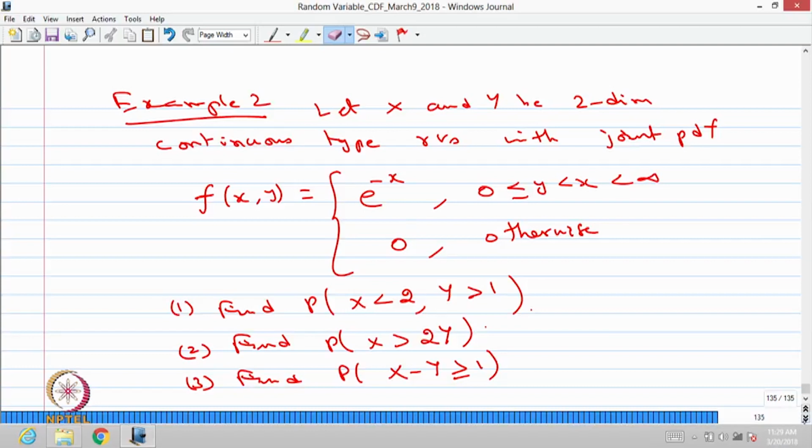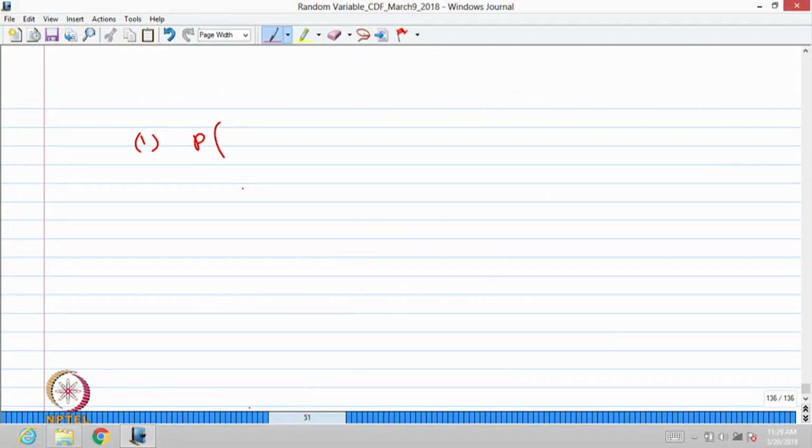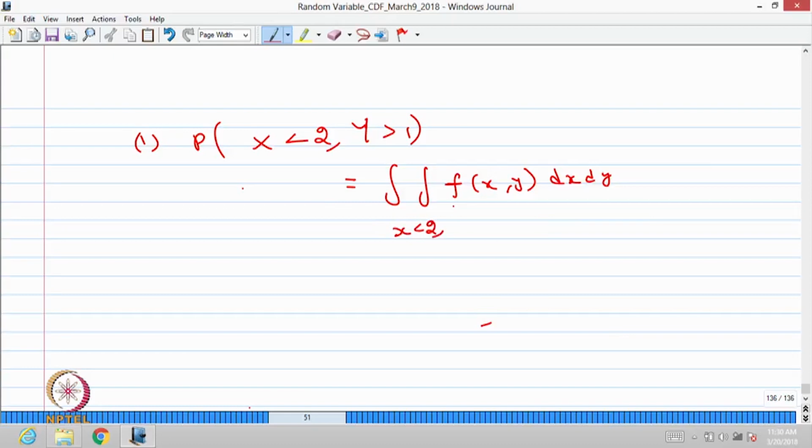We will go for finding the first one. Find the probability of x lesser than 2, y greater than 1. That is nothing but the double integration of the joint probability density function dx dy, where the integration is over x lesser than 2 and y greater than 1.